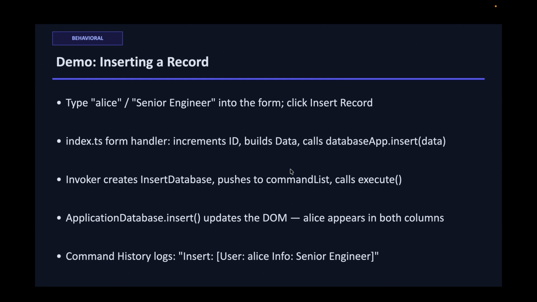The invoker creates a data insert database command, so it pushes that onto the command list, then it will call execute. That's when, on the execute, the application database will insert. That means it updates the DOM. Alice appears in both of the columns. So then we have all this information both in the columns and in the history logs.